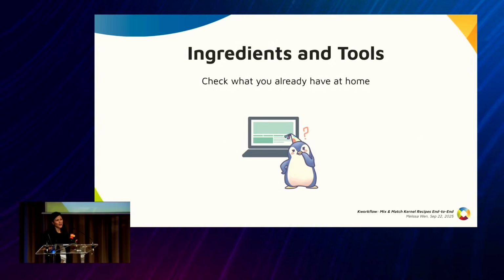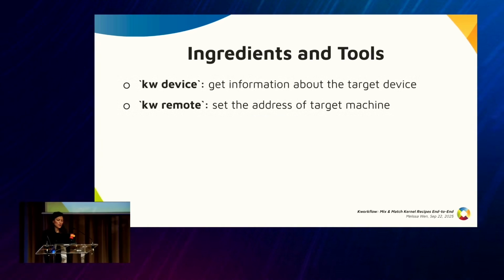First, in any recipe, we need to check the ingredients and tools that we will use, and we need to check what we already have at home. So we can use kw device, a command on Kworkflow, to get information about the target device, and kw remote to set the address of a target machine.